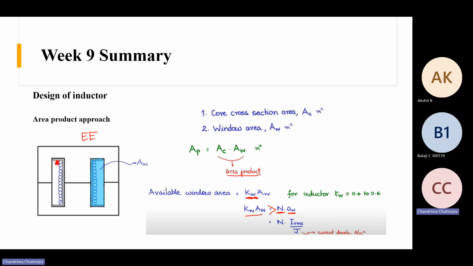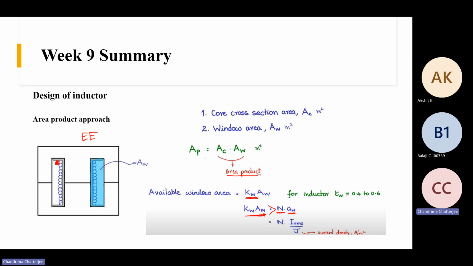Why? This means that you can accommodate your entire winding in the window. If the right-hand side quantity is greater than KW AW, that signifies that you can't accommodate the winding in this window. So this condition should be fulfilled when you design the inductor or the transformer.